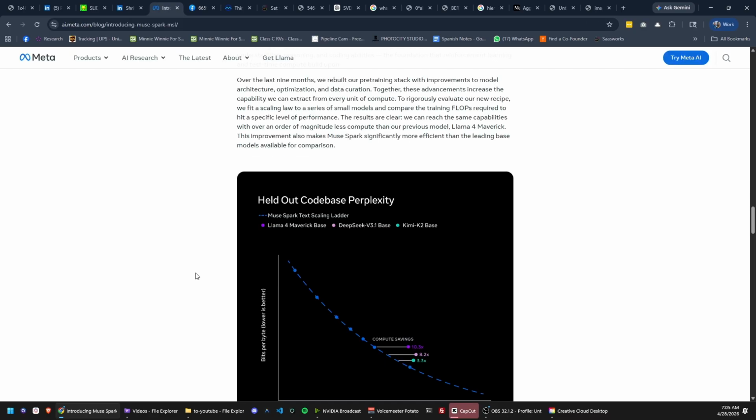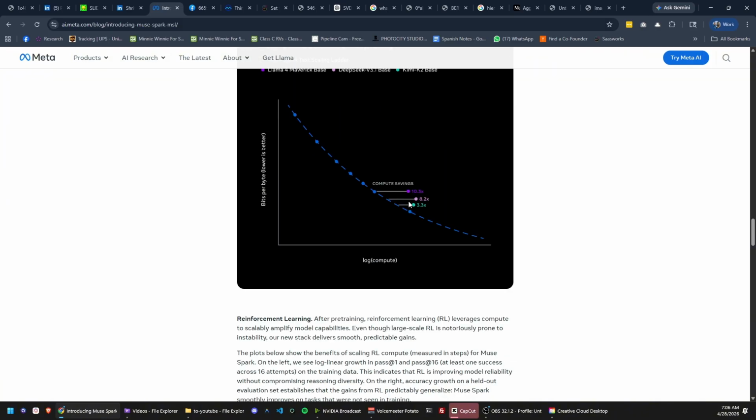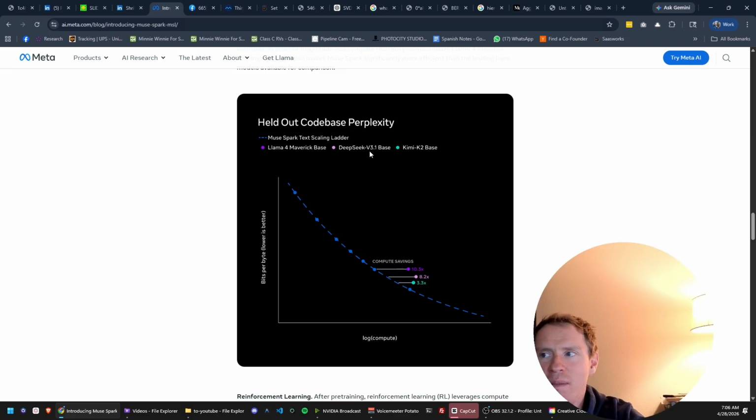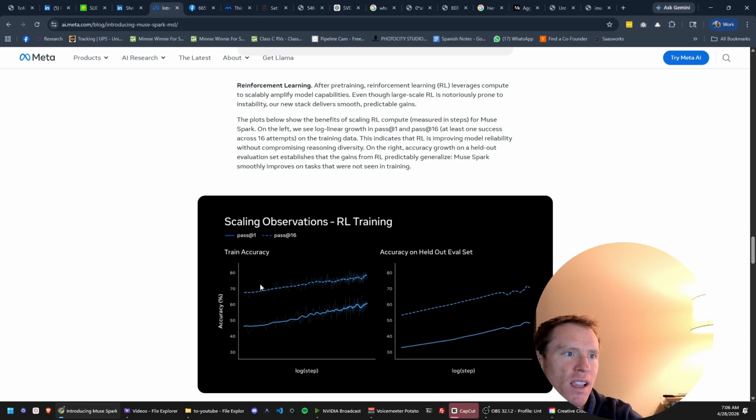Okay, let's keep going. Held out code-based perplexity. Compute savings. So it seems like they're approaching a fundamentally different way, because they're comparing it to DeepSeek and Kimi, which, at least DeepSeek, has different techniques than the foundational models we're getting out of these AI labs.